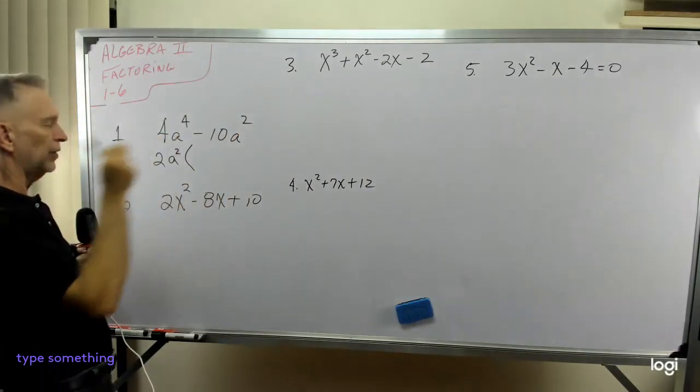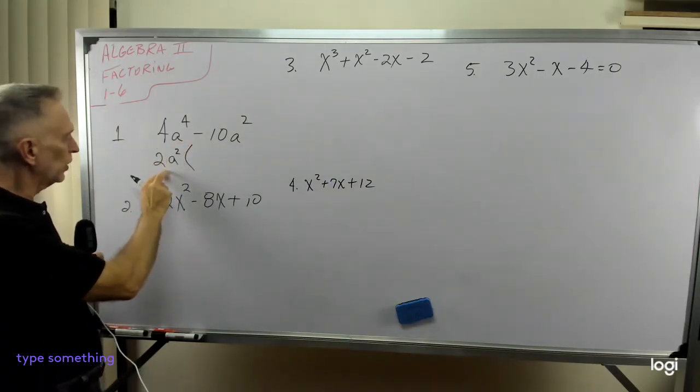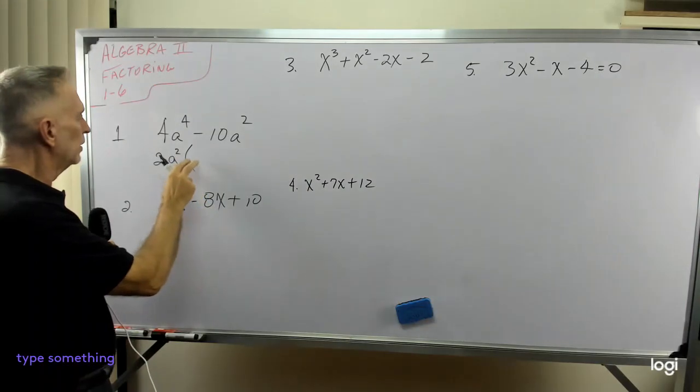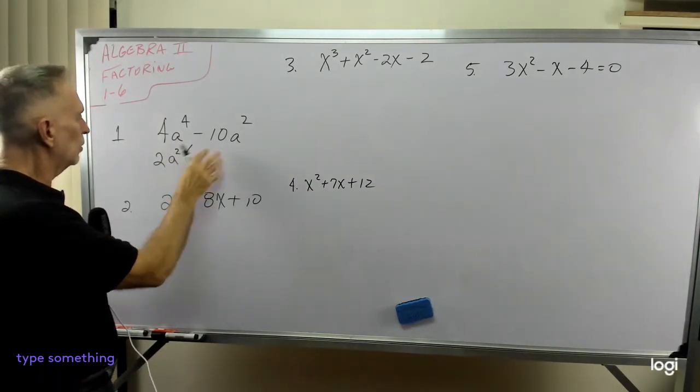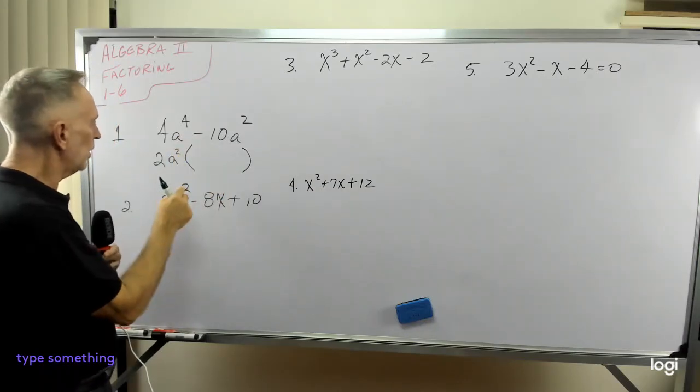I could pull those factors out, and then we can use the distributive property to redistribute those things we're going to put inside the parentheses to get the original equation.